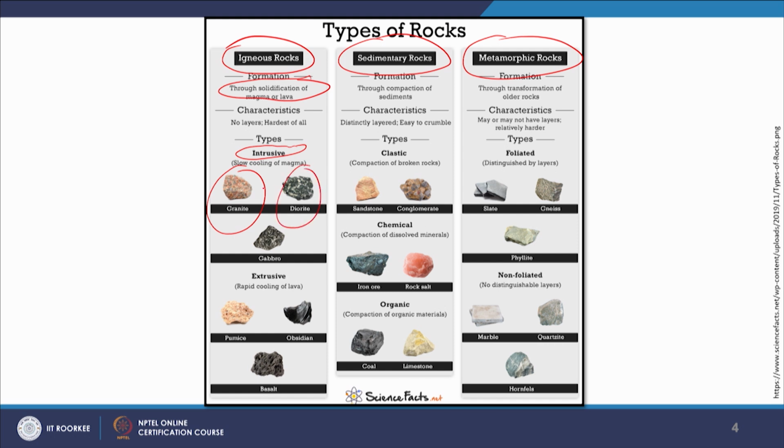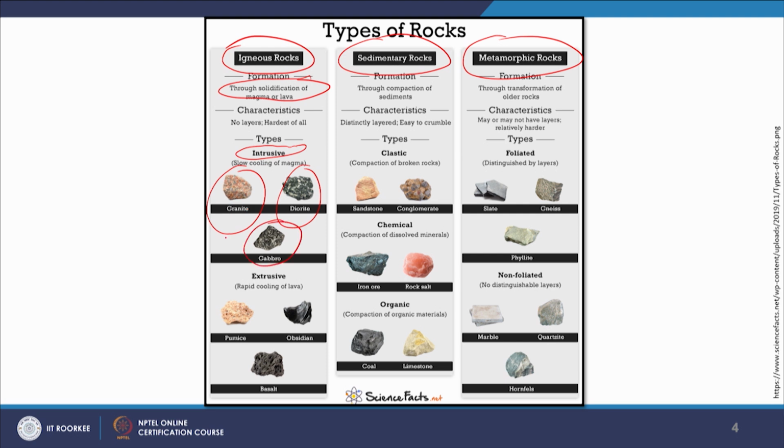These are large-grained rocks, and will not have any bedding. If I give the example of granite, it will have mainly quartz, feldspar, and some mica also. Generally these grains are large, and nowadays these granites are also used extensively as building materials.